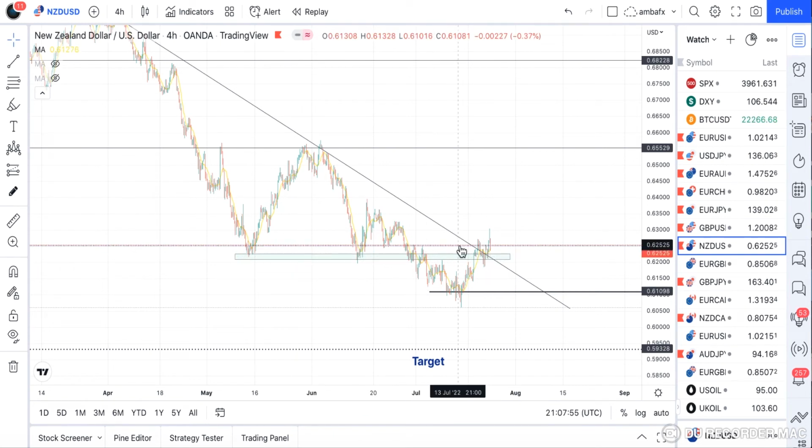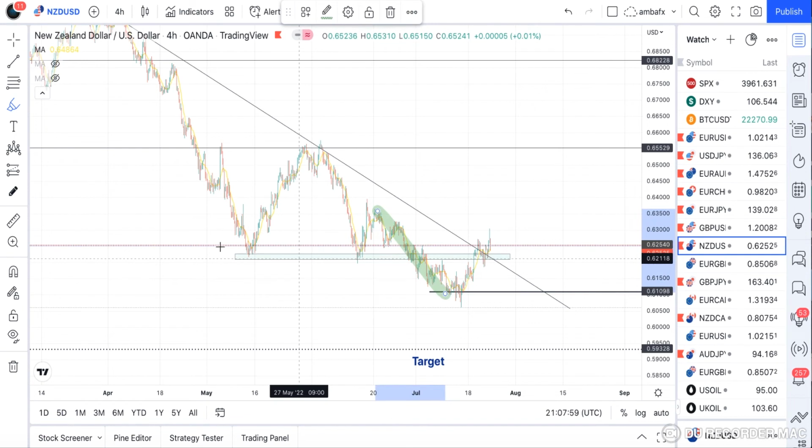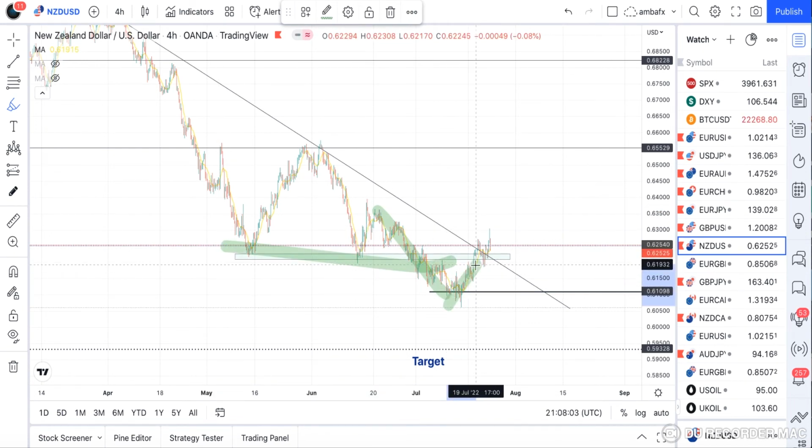We have a breakout of this particular support. So we should see something like this to this trend line, then we should see a sharp decline to this particular target level.